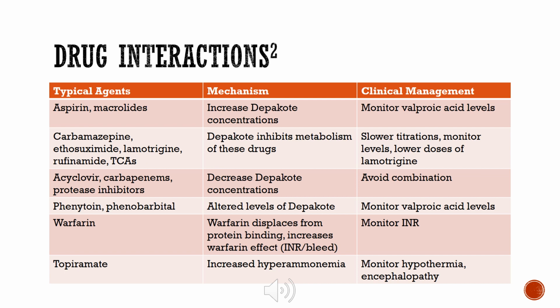Warfarin actually gets displaced by Depakote, which can lead to an increase in warfarin's effect or increase in bleeding risk. So we're going to monitor the INR. And for topiramate, we're going to potentially see an increase in hyperammonemia, and in that case, we're going to monitor for hyperthermia and encephalopathy symptoms.